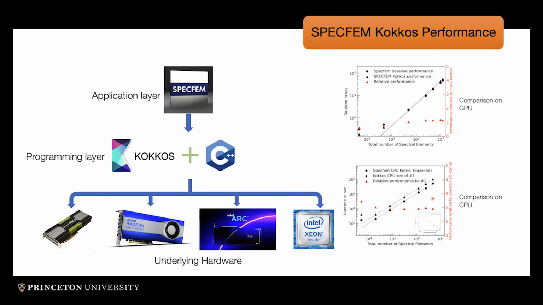And our goal, after speaking to Yaron, was that the GPU code would, most of the time, be the production code. So our goal was to get the best performance possible on a GPU.